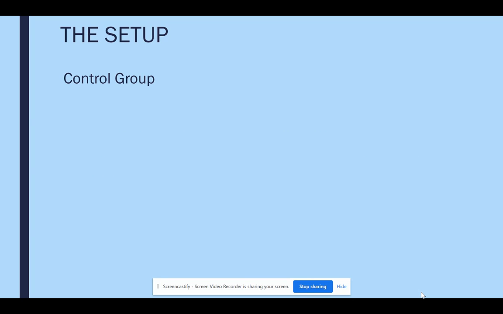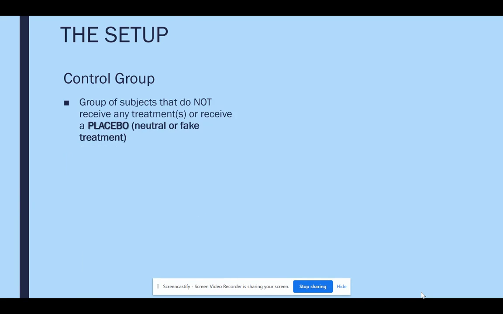Continuing with the setup, so that you can tell what changes when you manipulate your independent variable, you need to have a control group. A control group is the group of subjects that do not receive any treatment, or they get what's called a placebo.